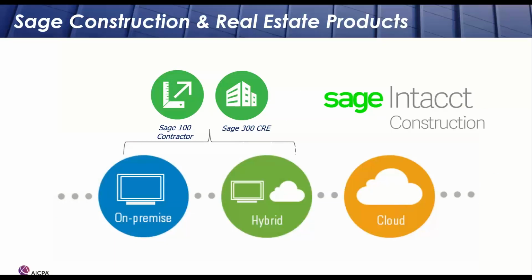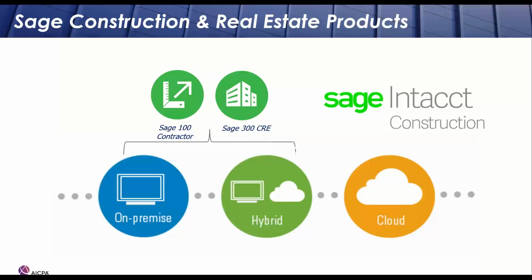Many attending this webinar are using either Sage 100 Contractor or Sage 300 CRE. First and foremost, I just want to relay to you, Sage is committed to ongoing development of both of these products for many years to come. Sage 100 and 300 continue to be the most widely used and newly implemented products in the industry. 30,000 plus installations across both of these products.